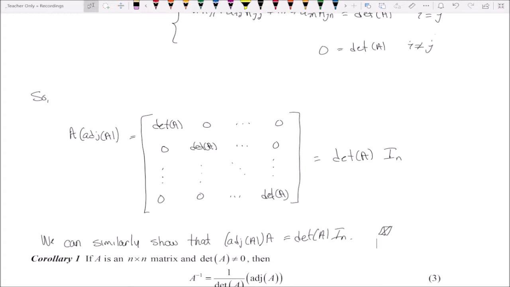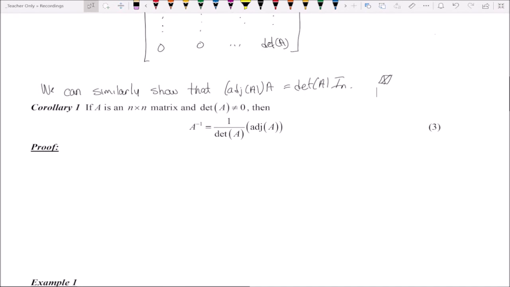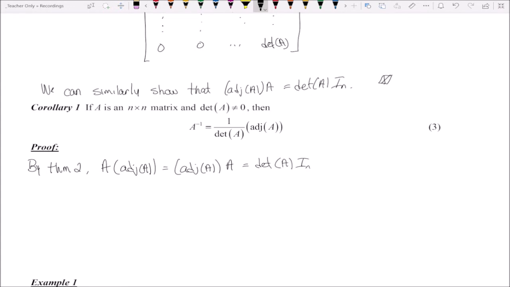As a corollary of Theorem 2, if A is an n by n matrix and the determinant of A is non-zero, then A inverse is 1 divided by the determinant of A times the adjoint of A. Right, so by Theorem 2, we already know that A times the adjoint of A is equal to the adjoint of A times A, which is the determinant of A times the identity matrix.